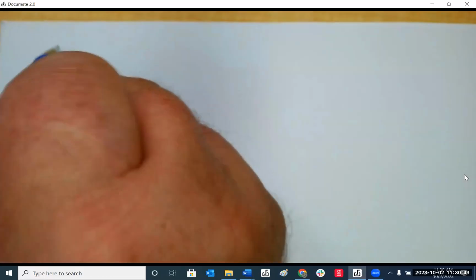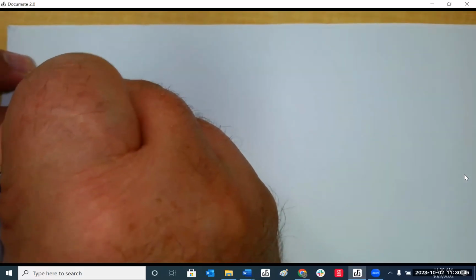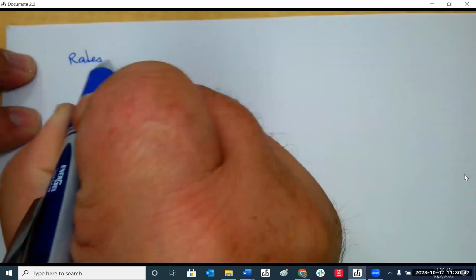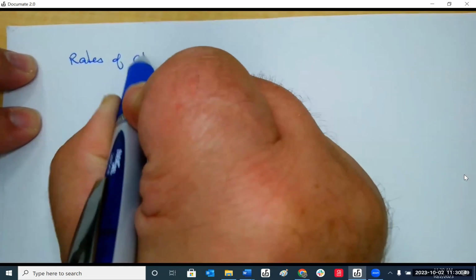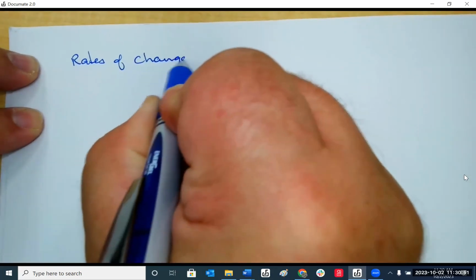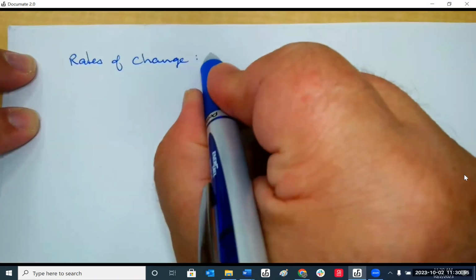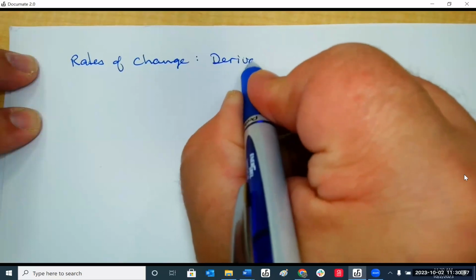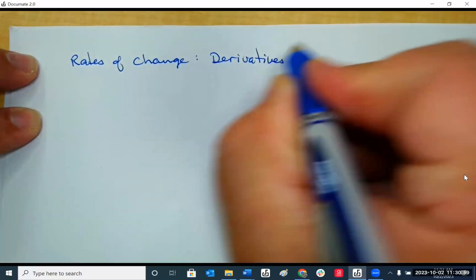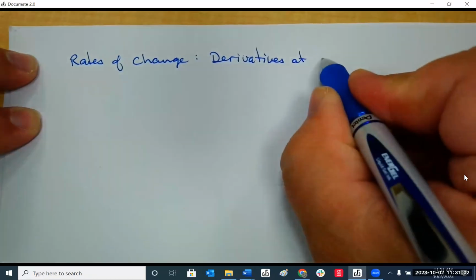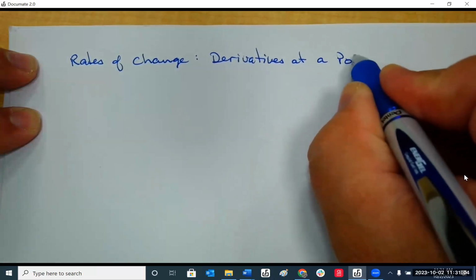Let's look at rates of change. What we're looking at here are derivatives at a point.